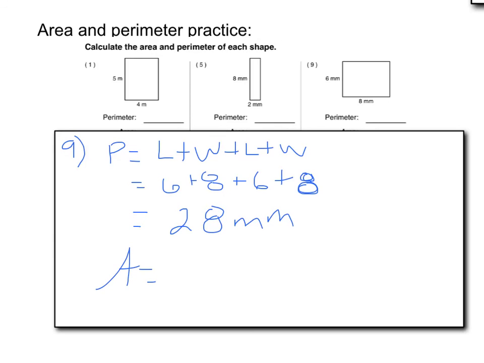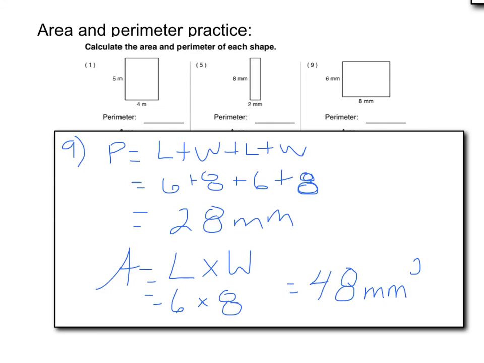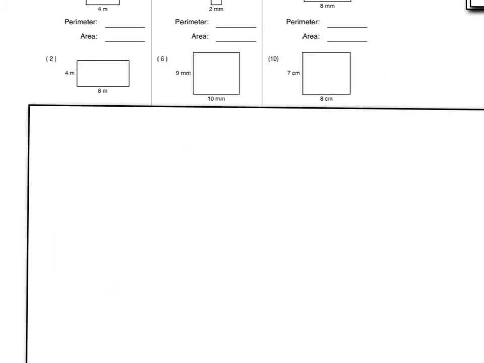For area, it's always the same, length times width. So 6 times 8, which is 48. And it is millimeters squared because it's how many square millimeters would be used to cover the inside of this 2D shape. All right, let's take a look at the second row of squares.